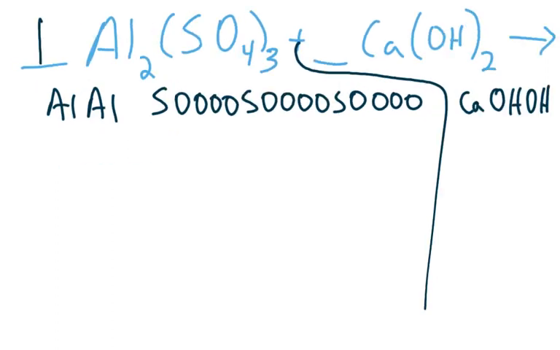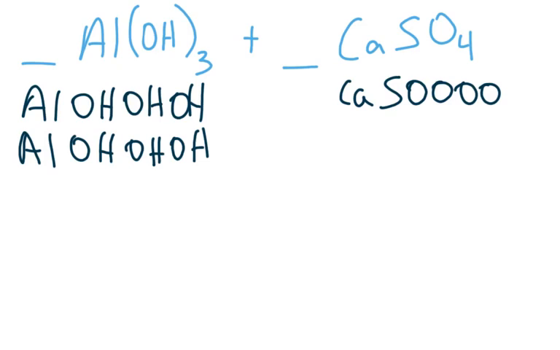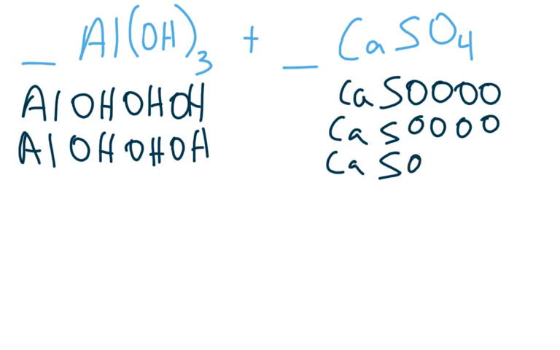Next thing I notice is I have 1, 2, 3 sulfur on the reactant side, and only 1 on the product side. So I need to get 2 more of those. And again, they come with things we might or might not want as far as our balancing work goes.